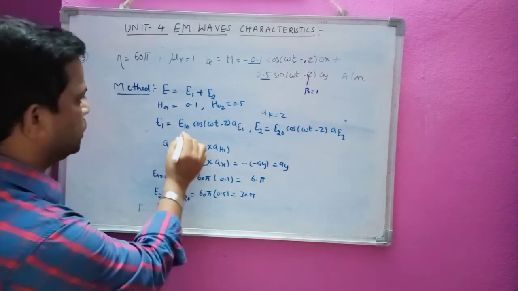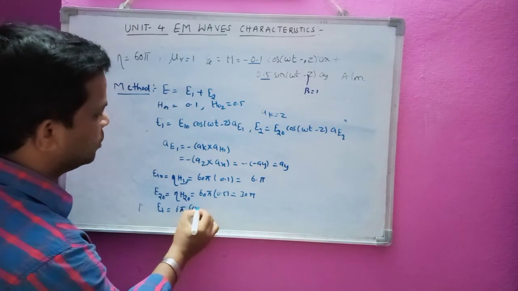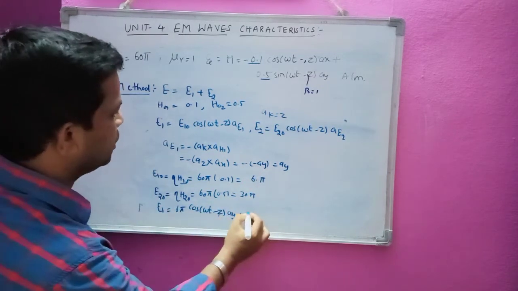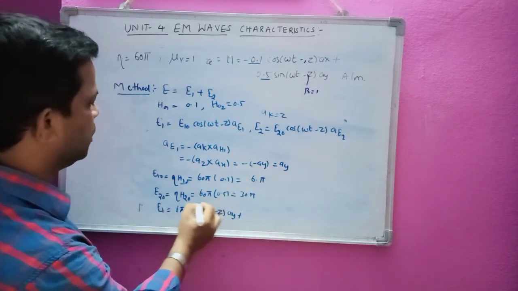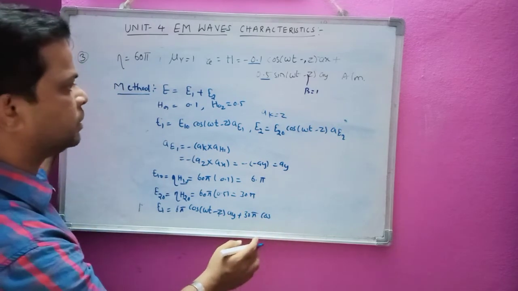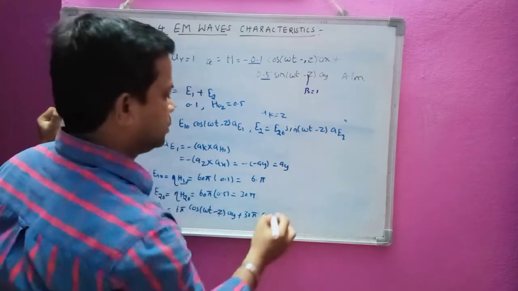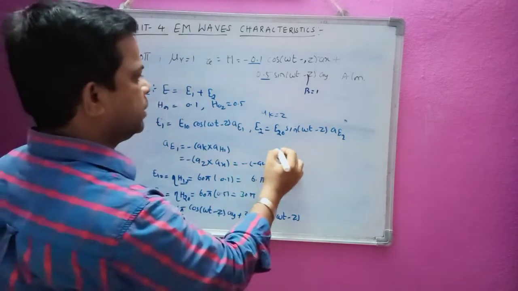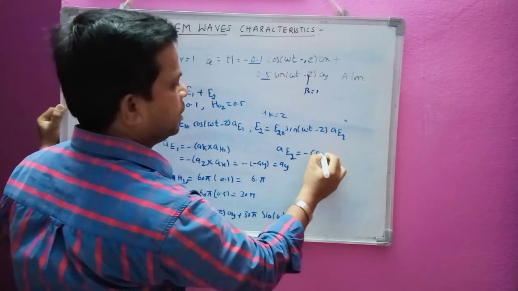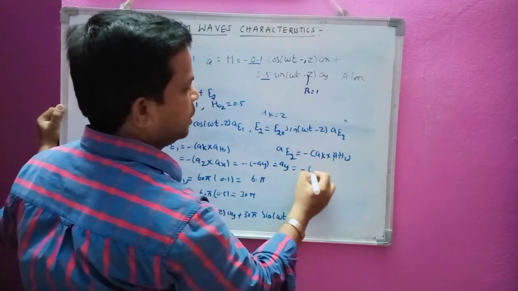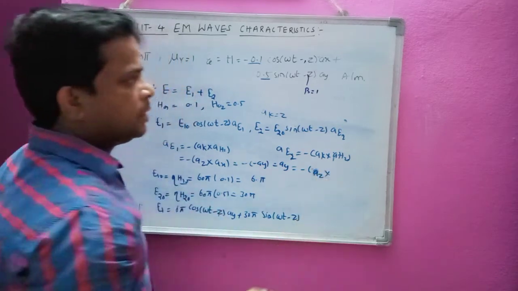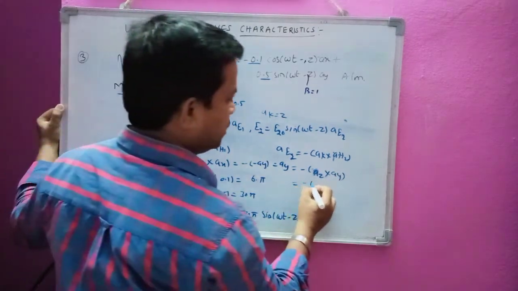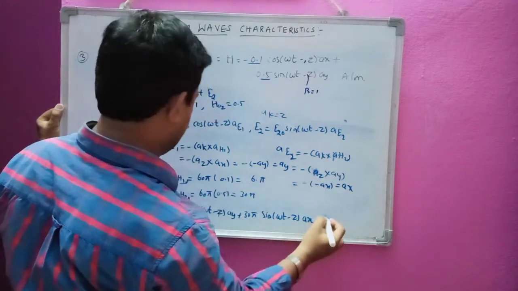E1 is equal to 6 pi cos(omega t minus Z) into aE1, which we got as aY, plus E2, which is 30 pi sin(omega t minus Z) into aE2. aE2 we have not calculated yet. aE2 is equal to minus aK cross aH2. aK is fixed in the aZ direction, cross aH2 which is in the plus aY direction. aZ cross aY is minus aX, so minus of minus aX is plus aX. So I can write here aX.